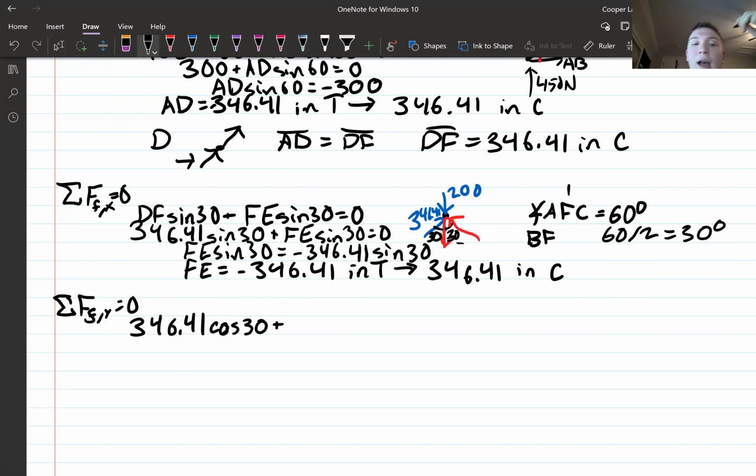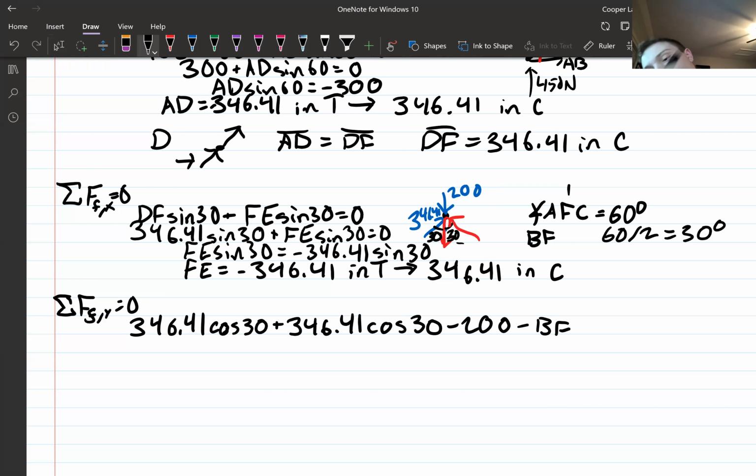plus, and now I also have to use FE because I've already established that DF and FE are the same values. So that tells me it's going to be 346.41 cosine 30. Now it's going to be minus 200 because I have a force of 200 going down on it, and minus BF because we are assuming BF is in compression.